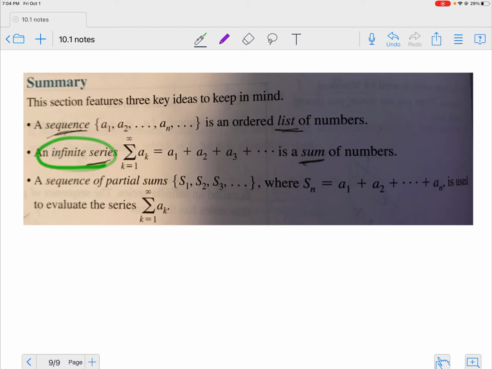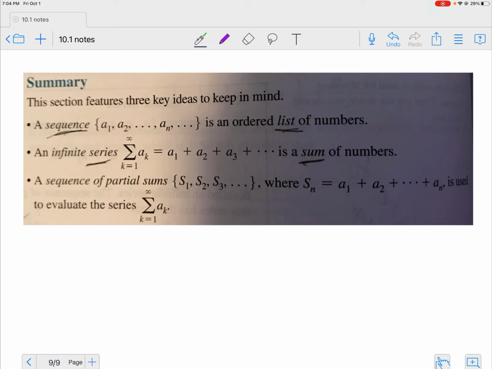A series here that I'm looking at is the sum of those numbers. So just a basic series, I'm just adding up that sequence, adding those numbers up. The sequence of partial sums, however, is used to evaluate the series. So I can take this sequence of partial sums, and that's going to give me the value of my series. That's what we talked about.